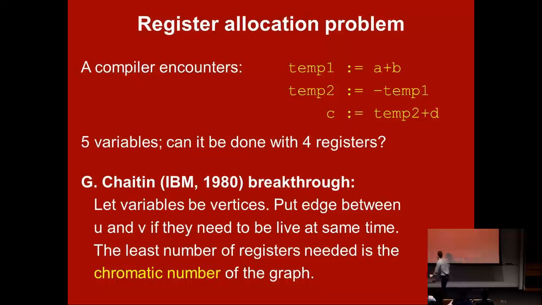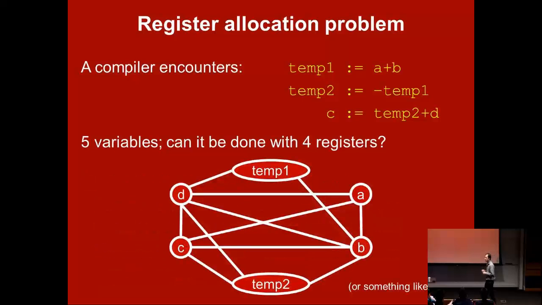Graphs also come up in places in computer science where you wouldn't expect. Here's a little example. I'm not going to get into it too deeply, but there's something called the register allocation problem in compilers. Maybe a compiler encounters some code that's trying to compute an arithmetic expression, which I think eventually computes minus a minus b plus d, and it uses 5 variables.